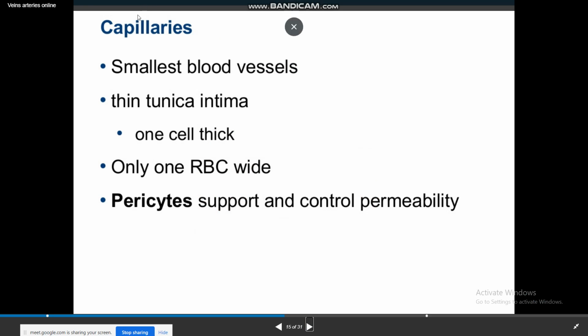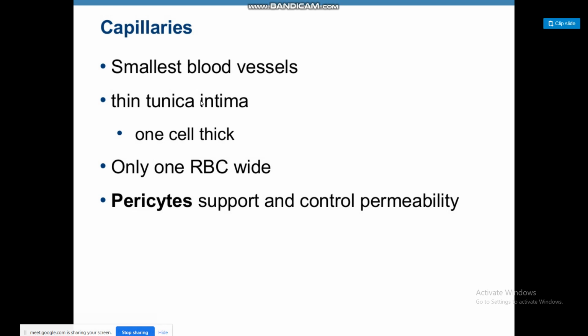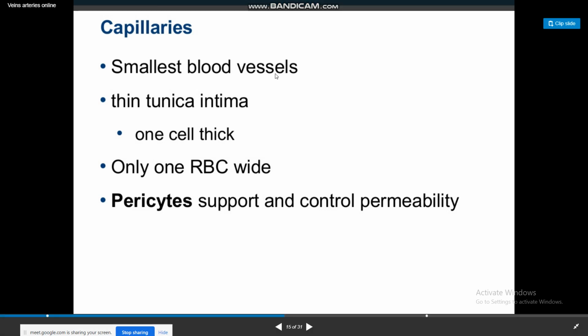Next are the capillaries. What are the capillaries? These are small blood vessels. As arterioles are the smallest arteries, capillaries are the smallest blood vessels. They have a thin tunica intima, only one cell thick. The capillaries are lined by a single cell layer, only one RBC wide.